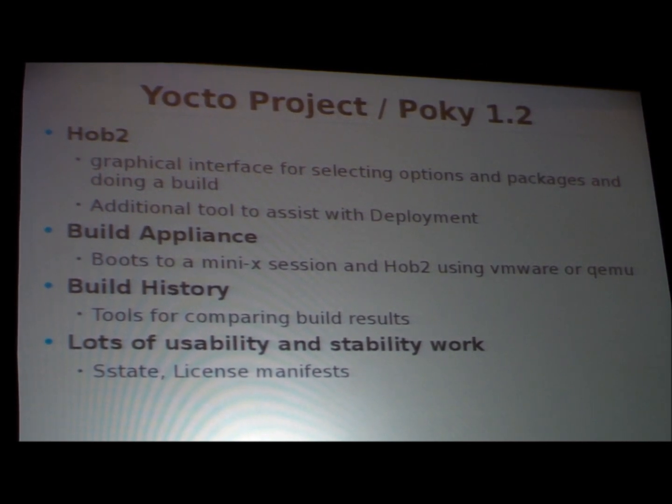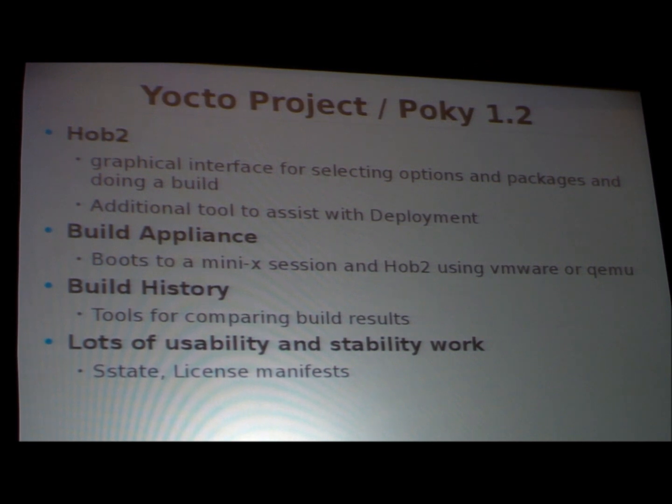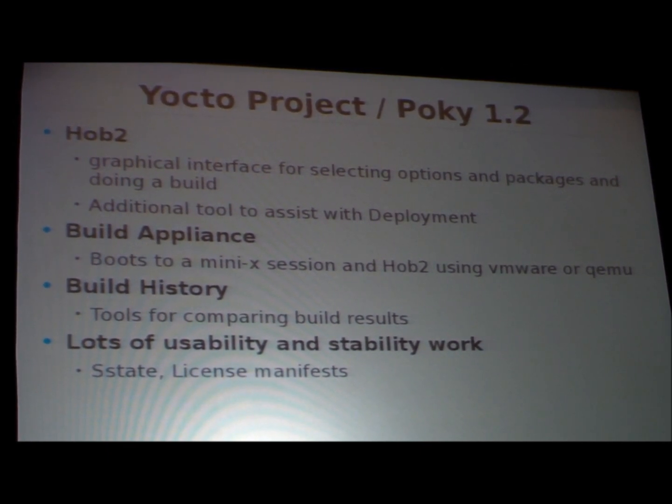We're working on something called a build appliance, which is basically a self-hosted environment. So it's a VMware or QEMU image that you can just boot up onto your system and run Hob 2 and run a build internally. It's basically Poky building Poky. So for people that don't have the luxury of the hardware.